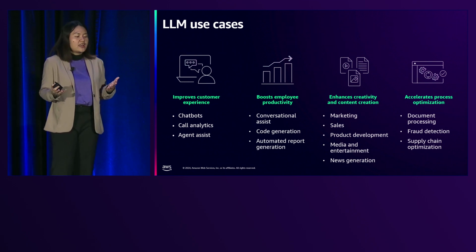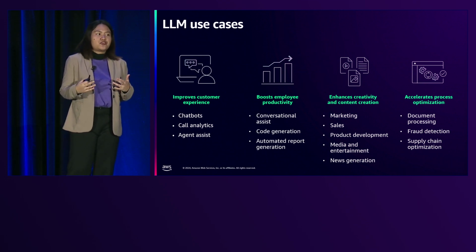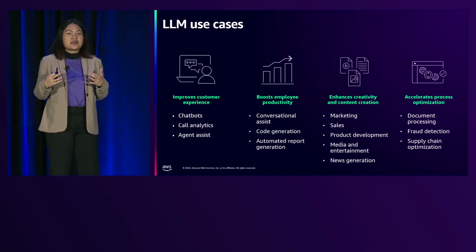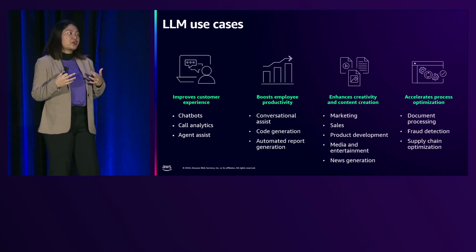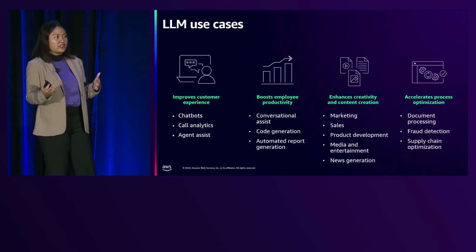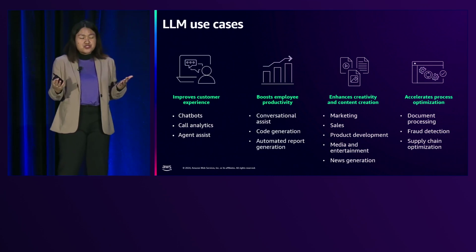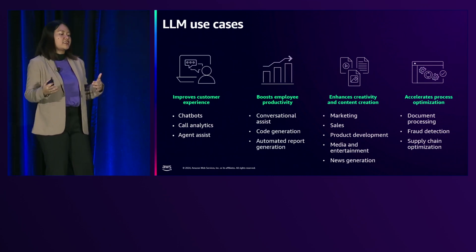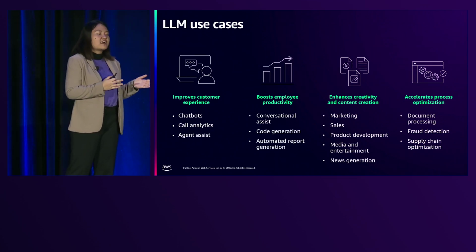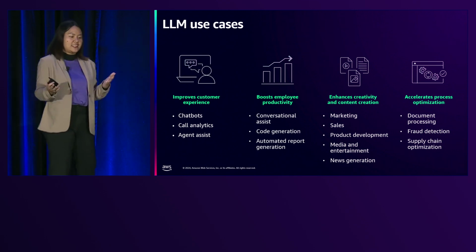And the next one would be that you can also enhance creativity. So maybe if you need to generate some image for your product campaign, you can use the foundational model, or maybe if you need to generate some product description for your product, you can also use the large language model to enhance creativity.